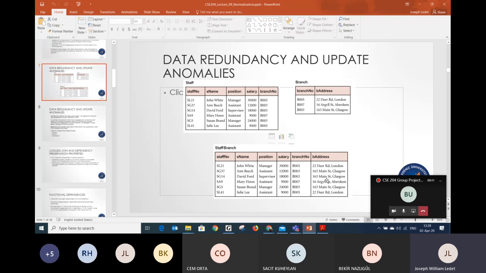We don't know which one is the correct information. If we store stuff like that in a single spot, one time only, then we know we have the most consistent, most current information. And if someone adds a new staff person at branch B003, all they have to put in is the branch number. They don't have to put in the address, so there's no risk of them putting the wrong address in, and we don't have to ask that person to enter that information.